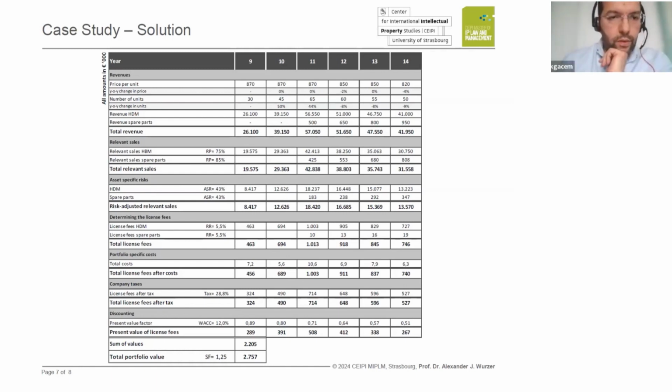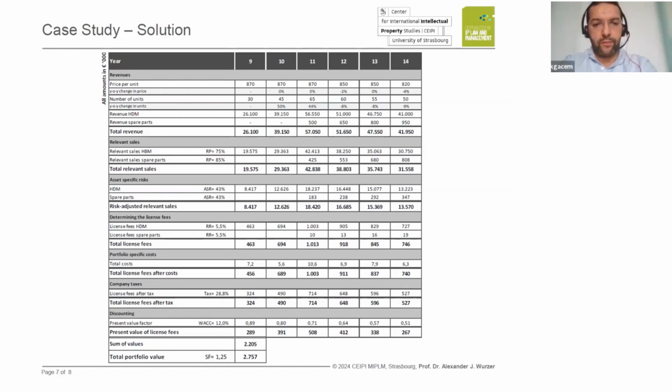So we start with the total revenue that is given for the 6 years. We apply the relevant sales that is calculated as being 75% for HBM and 85% for spare parts.